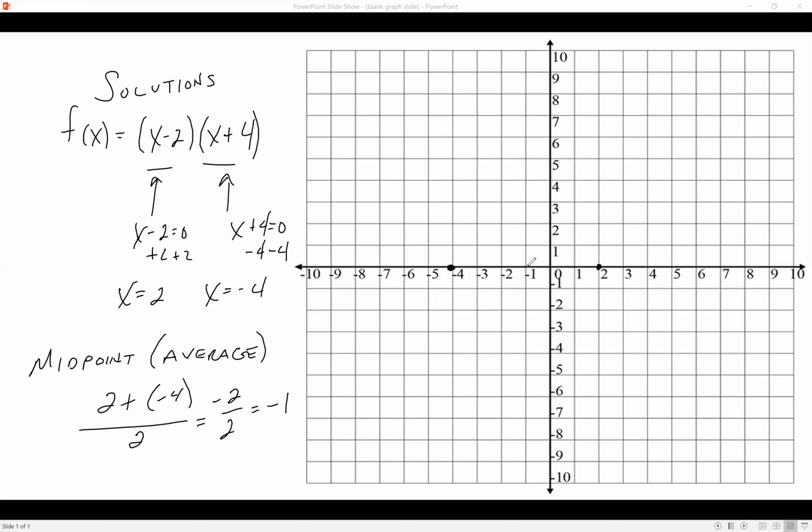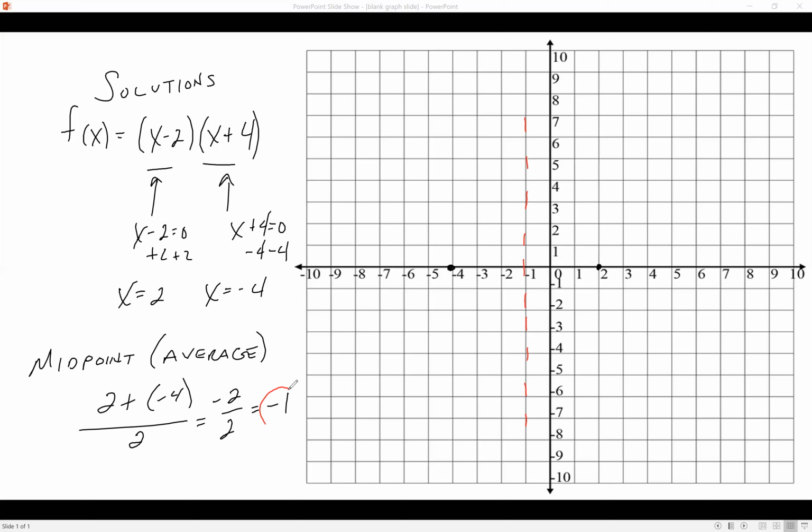Now, when you look at it, it should kind of look like, oh yeah, that makes sense. Let me go with a different color here for the axis of symmetry. That should make sense that that is the halfway point between those two, right? Because this is 3 units away and this is 3 units away. And so I know my vertex has to be somewhere on that axis of symmetry.